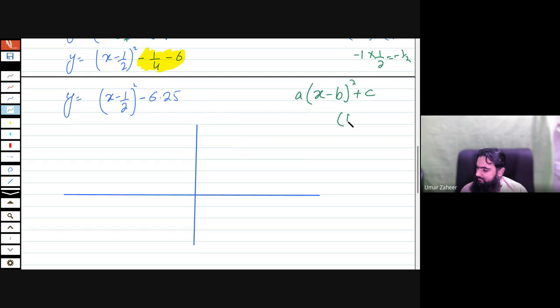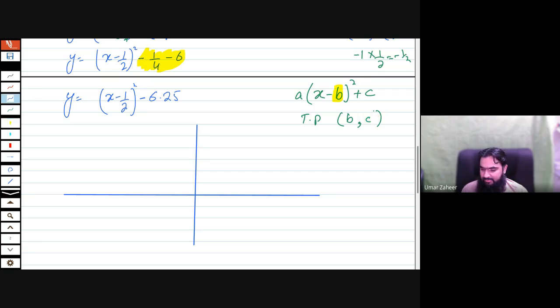So basically (b, c) is your turning point. Take the constant value with the opposite sign. If it is minus, you have to take positive b. If it is positive, you have to take negative b. And c as it is, the constant value that you get from here.